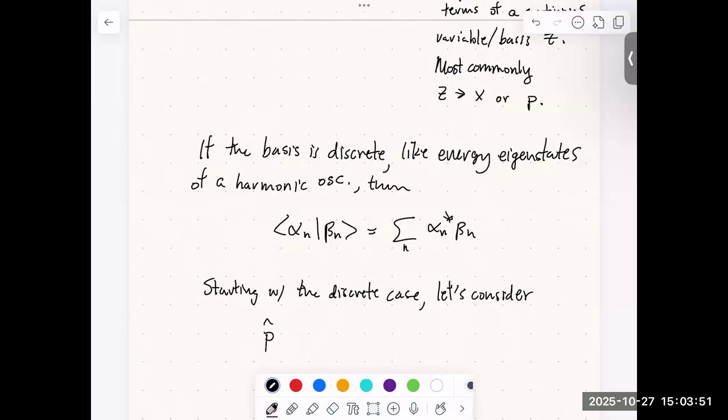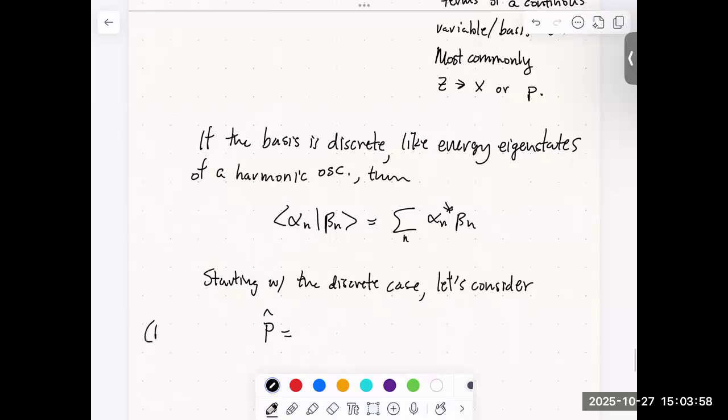I'm going to define an operator P hat. So this is capital P hat. This is not momentum. This is going to be called our projection operator. So let me just emphasize, this is capital P. It's not momentum.